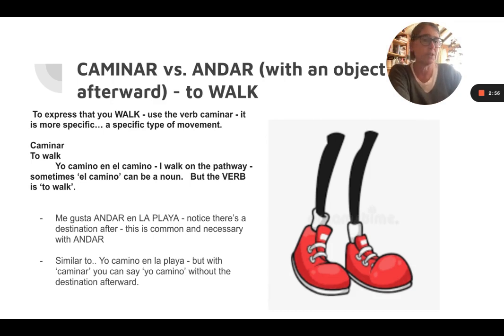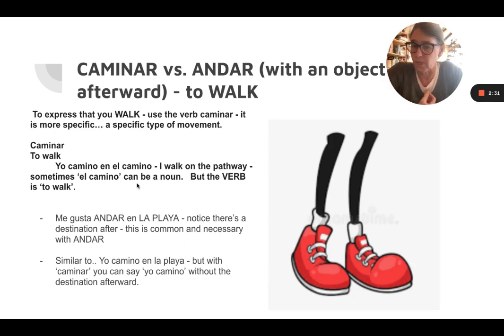So, for example, what's the object of that? The direct object of that sentence or the prepositional phrase, en la playa. So, in that case, you could say yo ando en la playa, yo camino en la playa. They're both acceptable, but when we do andar, we need something extra afterwards. Here in this highlighted area, it says yo camino en el camino.